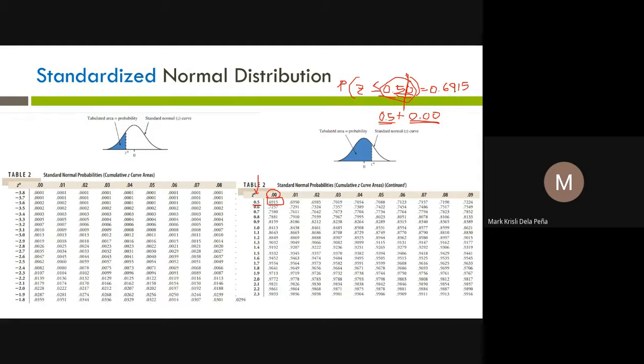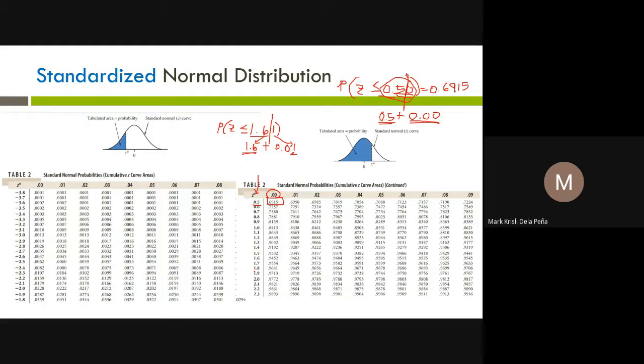69.15%. Another example is when we are looking for z less than or equal to, let's say, 1.61. So again, we'll have to divide them into two. So you will have 1.6 plus 0.01. So this is this one here, and this is the second group. Then look into the rows of the first column.